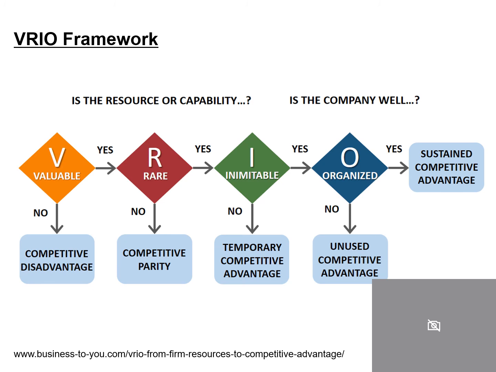And is the company well organized? If you say yes, it means that resource or capability is a sustained competitive advantage. And this brings you superior performance. So you must be able to make some analysis about the firm's resources or capabilities through this VRIO framework.